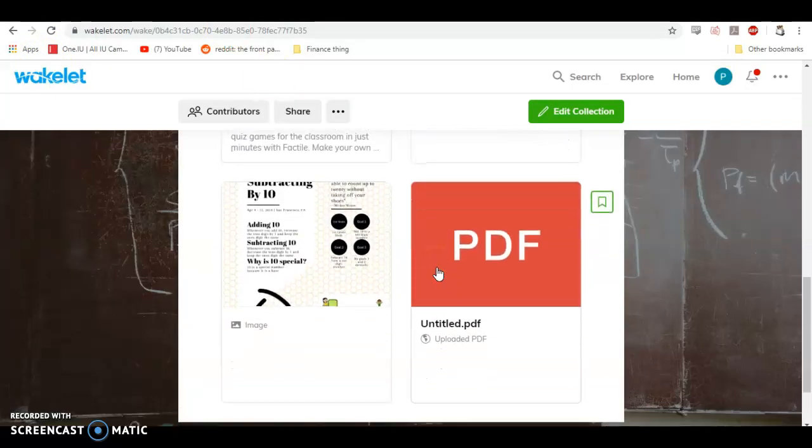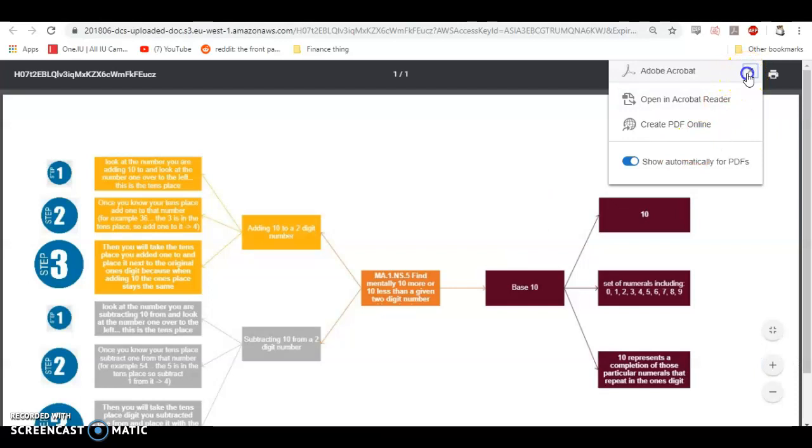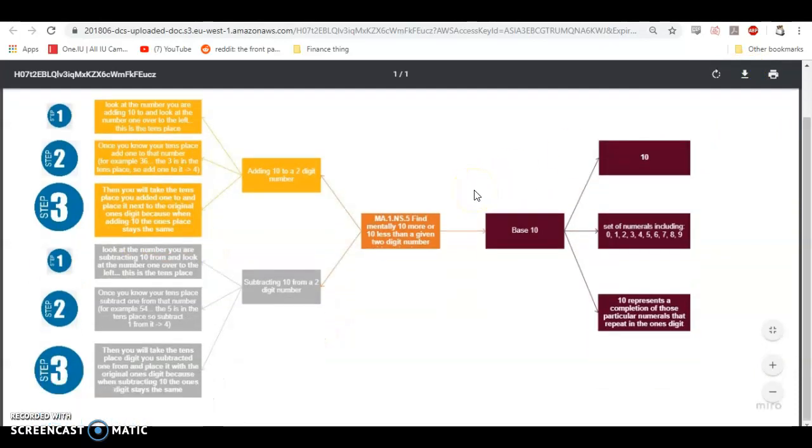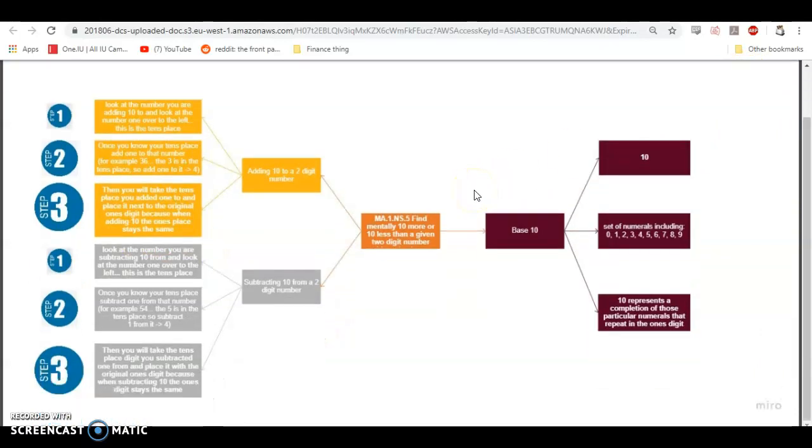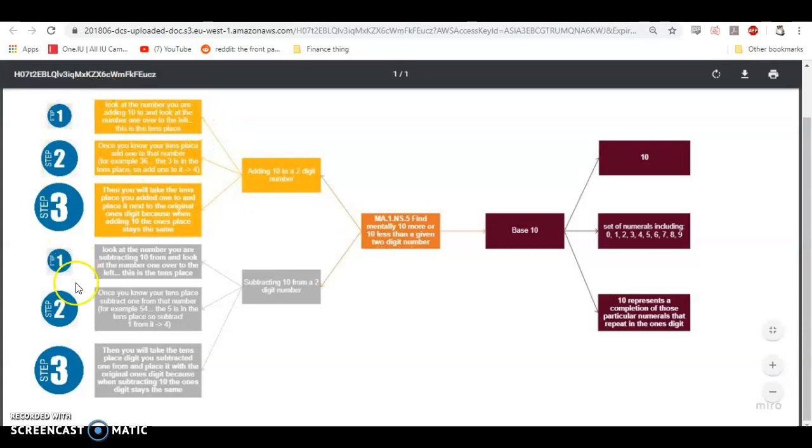And then I think that the PDF here is effective and efficient. It's not too chaotic. It just gives you the information in a simple layout, sort of like a study guide to help the students realize how to complete the standard.